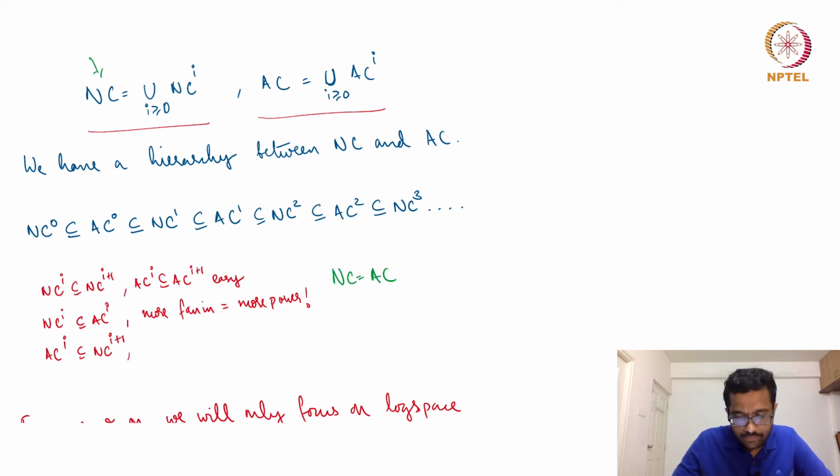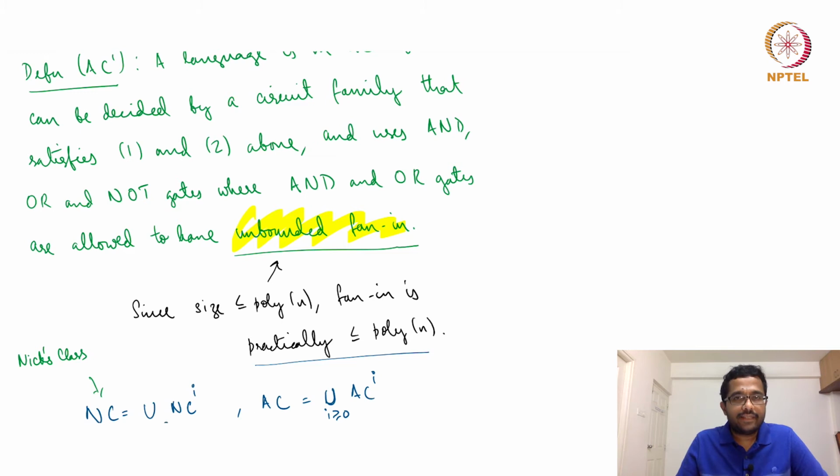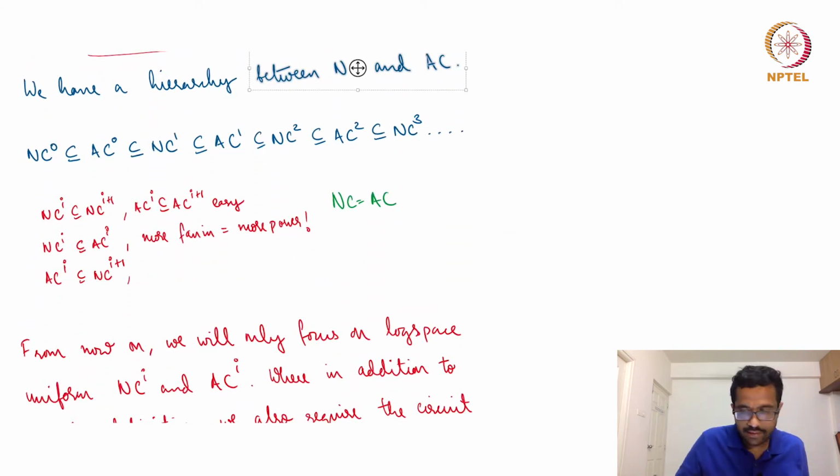This is because, what does AC have that NC cannot have? It is the unbounded fan-in AND and OR, right? So suppose an AC circuit had an AND gate that took poly n fan-in.